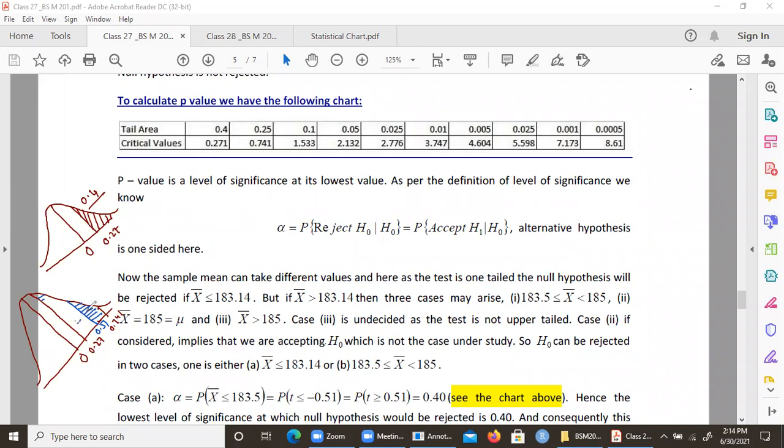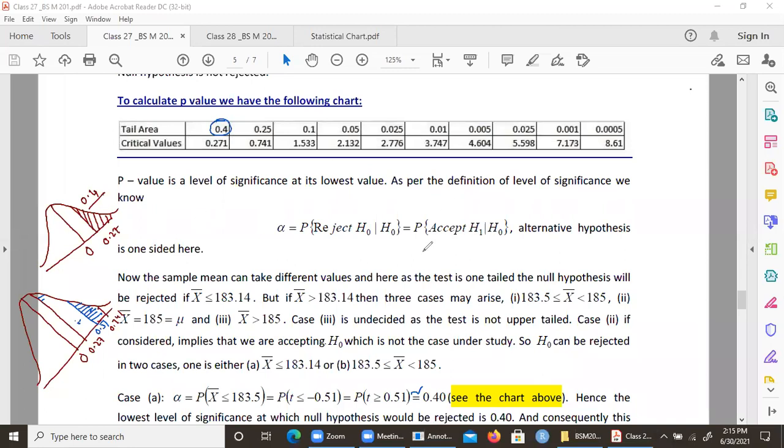These two areas are not the same. No way you can calculate it. But since this equality sign is over there, we can at least call it the probability that this value 0.51 is falling inside this region. According to this T distribution chart, this area is 0.40. So this is not exactly but approximately equal to 0.40 from the chart above.